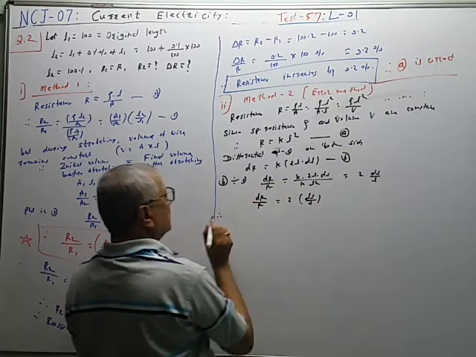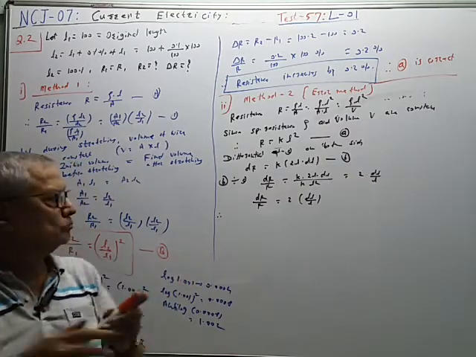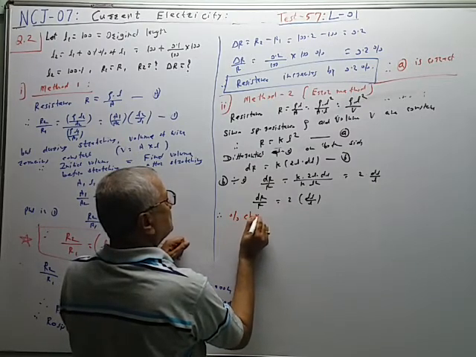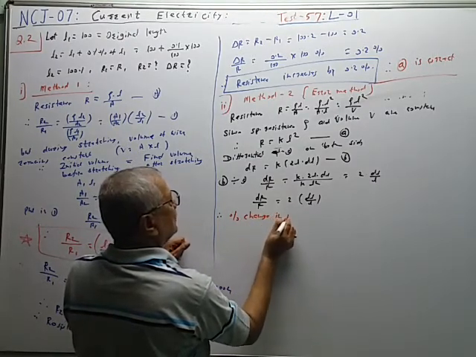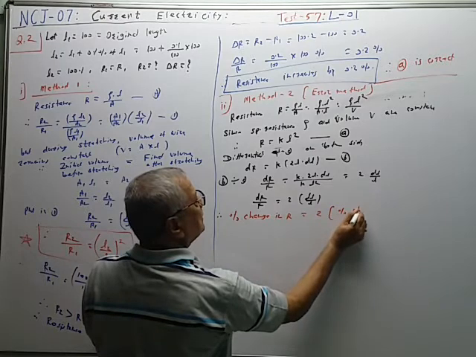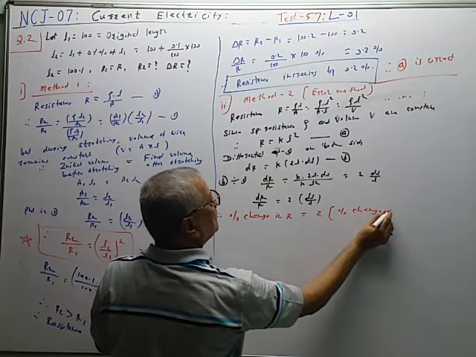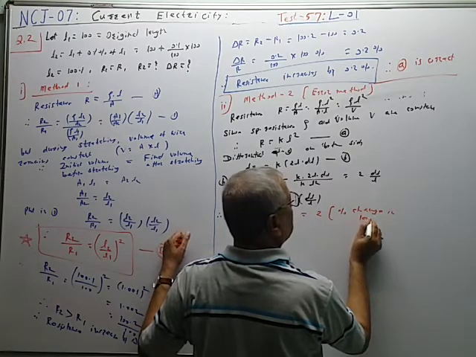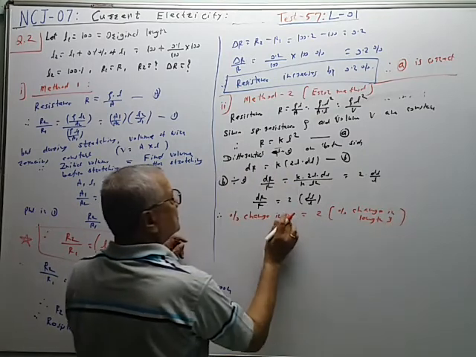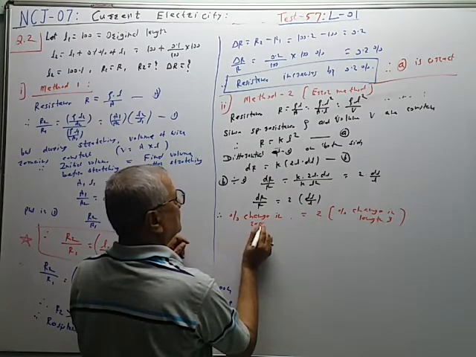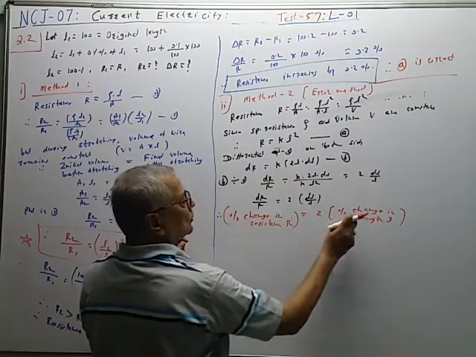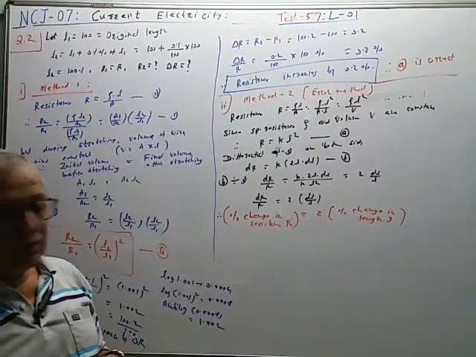So the equation can be written in percentage. Percentage change in R is equal to 2 multiplied by percentage change in length L. So this percentage change in our problem is given as 0.1%.